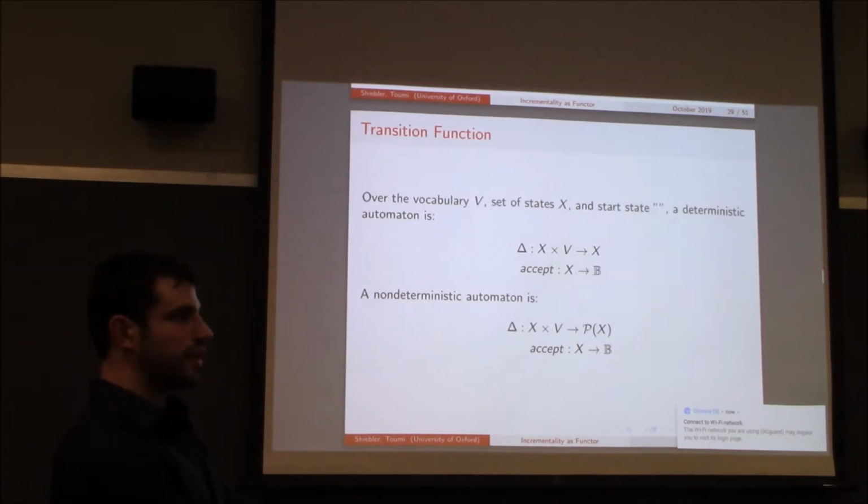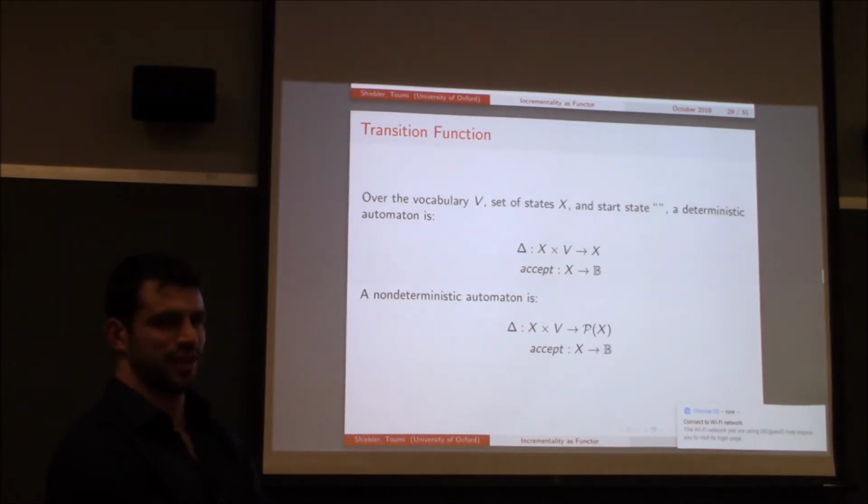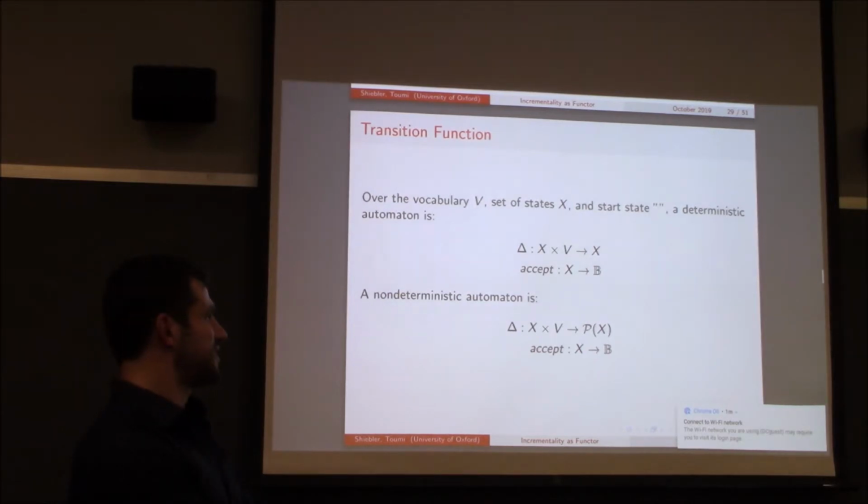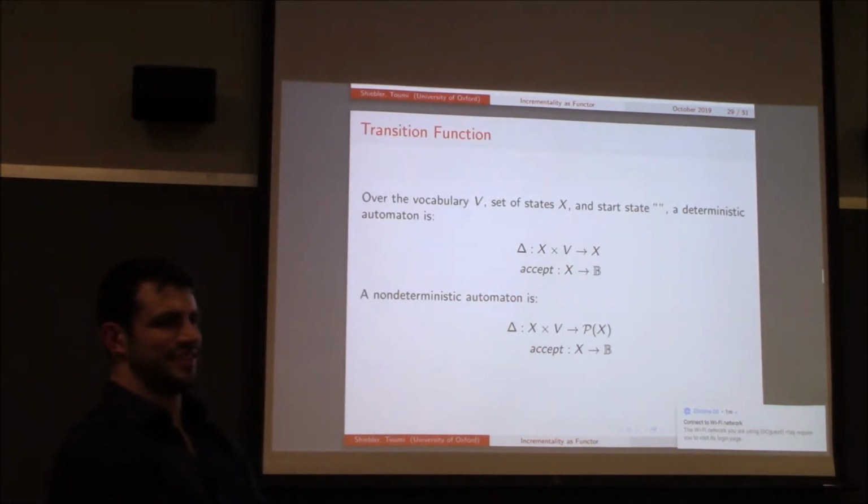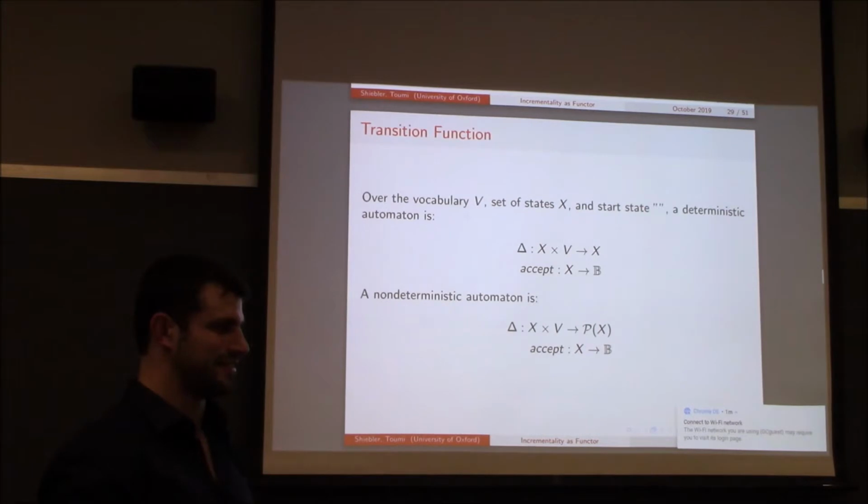We're going to define a functor into automata, and the image of that functor is not going to include any automata that have this behavior. That is in the codomain, but it is not in the image.